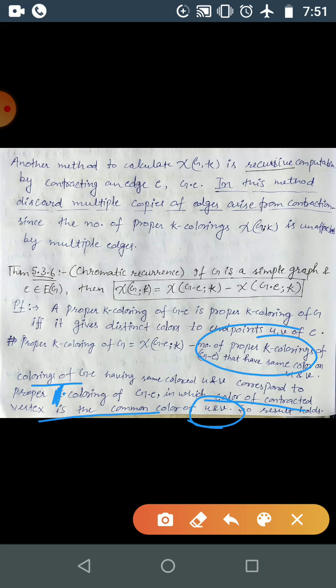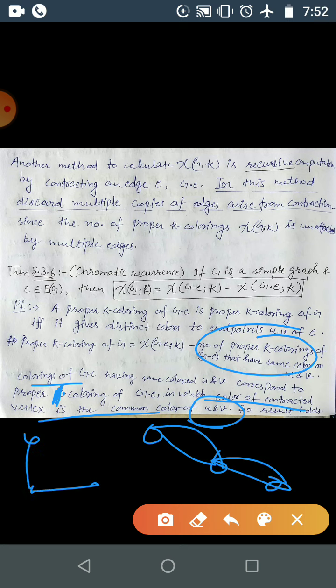When we contract E, for example in this graph, we have contracted this edge E, so we got this one, where U is this vertex and V is this vertex.